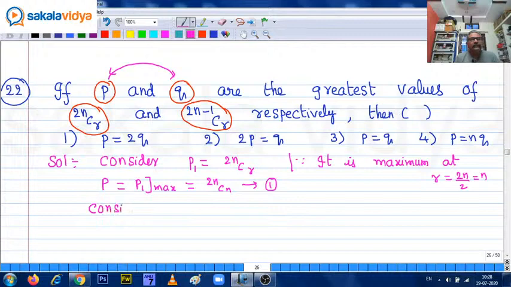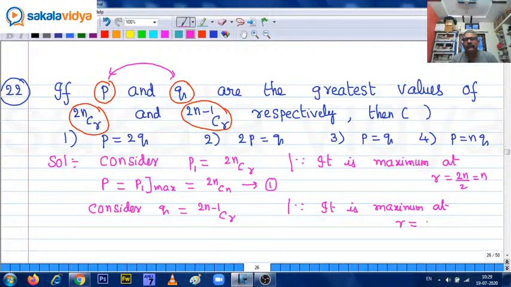Consider Q equals 2n minus 1 CR. So 2n minus 1 is odd. It is maximum at R equal to 2n minus 1 upon 2, so 2n minus 2 over 2 will be n minus 1.